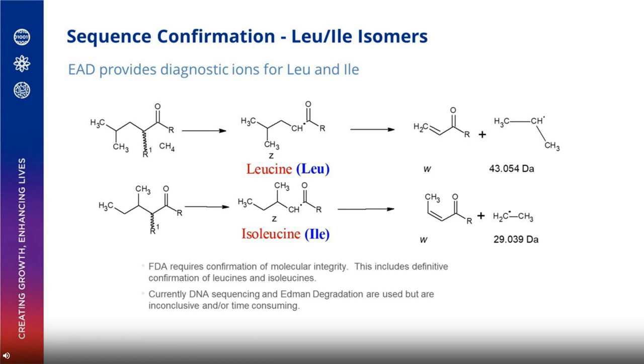EAD, on the other hand, can directly generate diagnostic fragment ions for leucine and isoleucine to differentiate the isomer pairs. As shown in this slide, leucine produces z43 ions, while isoleucine produces z-29 ions.